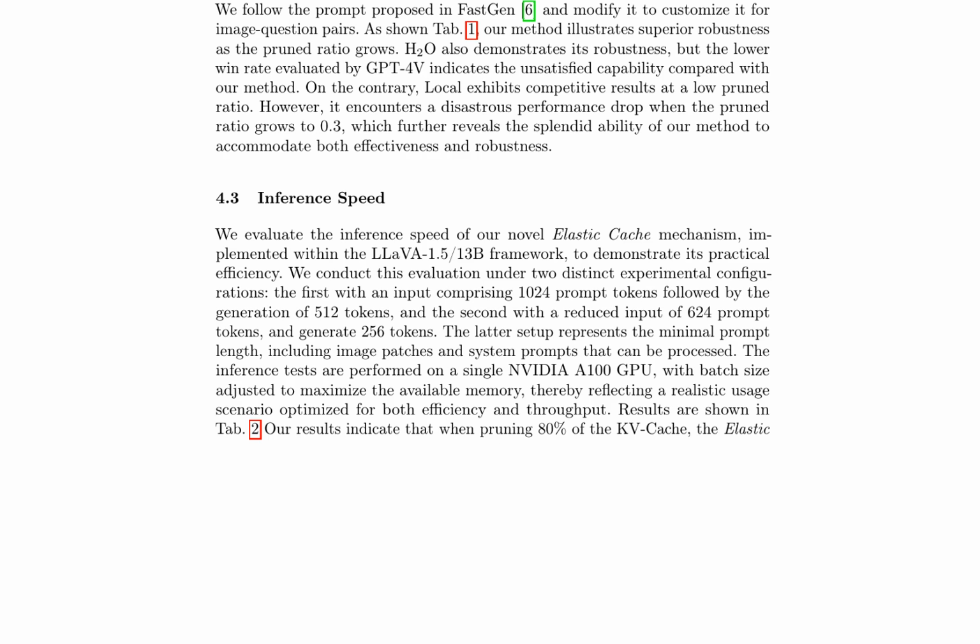The results indicate that when pruning 80% of the KV cache, the elastic cache mechanism achieves a significant reduction in inference time while maintaining performance, as shown in Table 2. Overall, the elastic cache mechanism exhibits superior performance, robustness, and efficiency compared to existing methods, making it a promising approach for image question pair generation tasks.